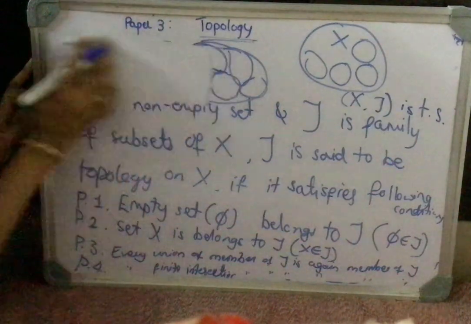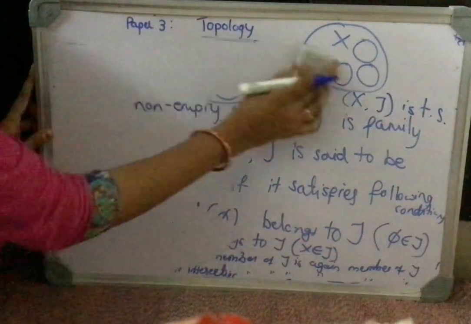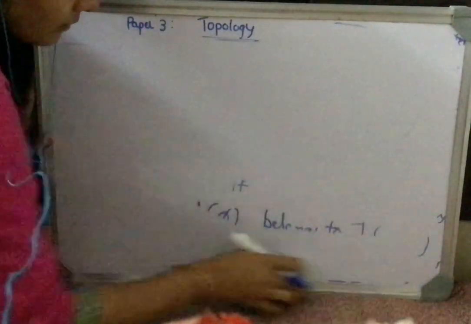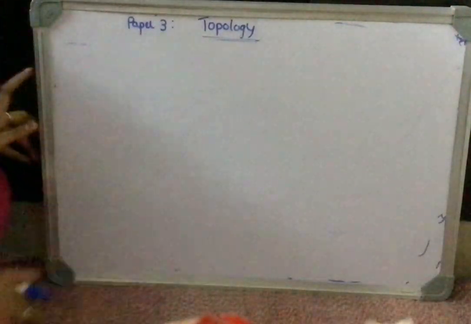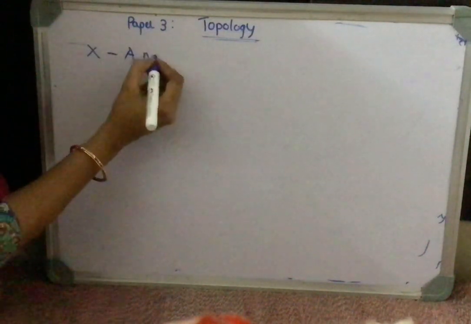I'll explain once again the four properties. Let X be a non-empty set.